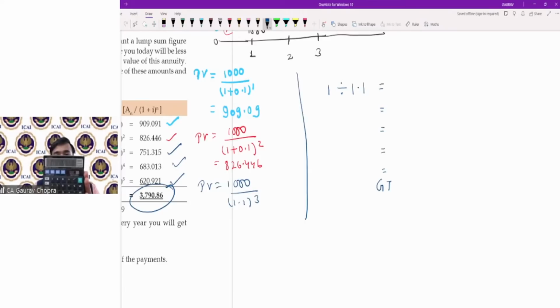This is 3.79 something. Now multiply by 1000, because every time you are receiving 1000. What is the answer we are getting? 3790. So this is your present value. That's it. So in this way, you can easily calculate your result.